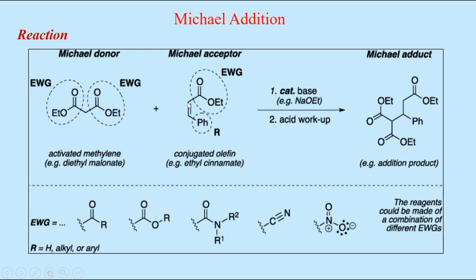And an alpha beta unsaturated compound like ethyl cinnamate can act as a Michael acceptor. In the presence of a comparably stronger base like sodium ethoxide, it undergoes addition reaction. Ethyl cinnamate, a conjugated olefin, acts as a Michael acceptor.